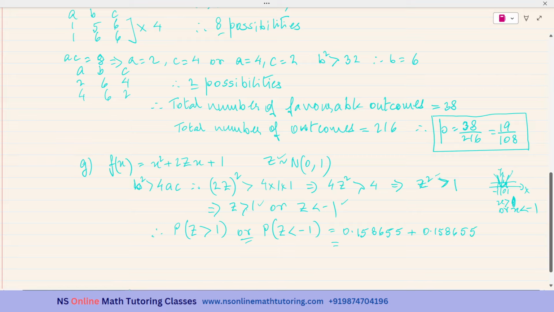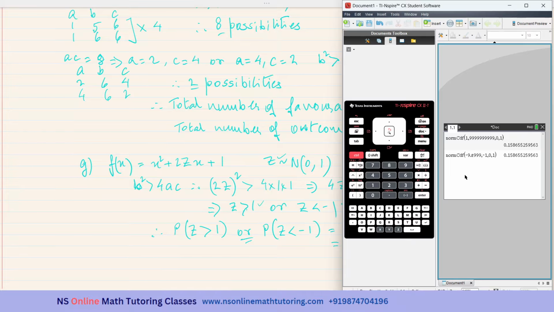So this is equal to, I can take the answer and multiply by 2. It is 0.3173.